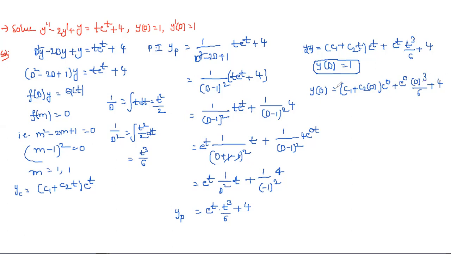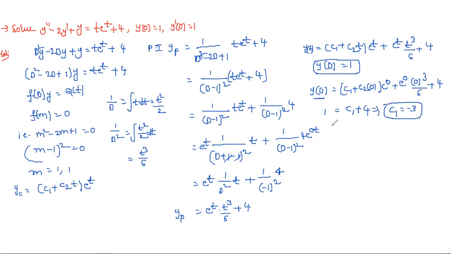It means y of 0 already we have 1. So 1 is equal to c1, here this is 0 and this is also 0, plus 4. So it means c1 is equal to what? 1 minus 4, that is minus 3. This is c1.